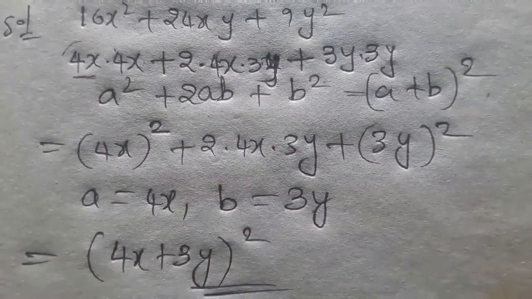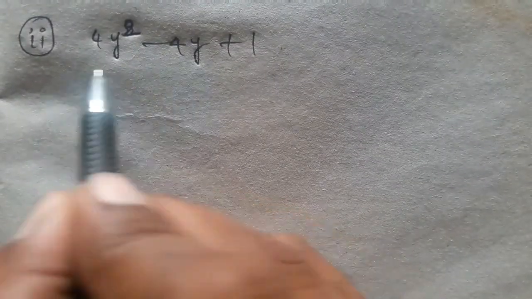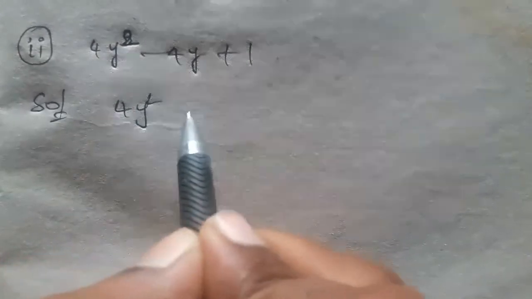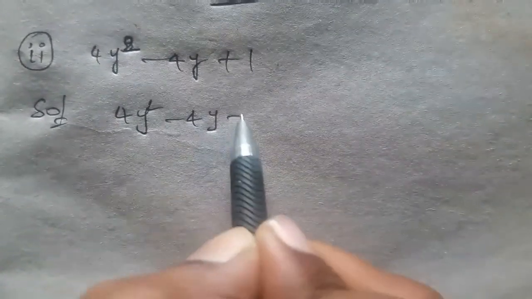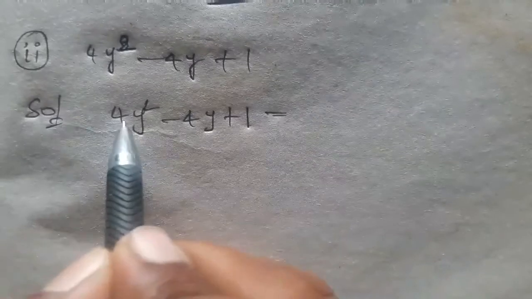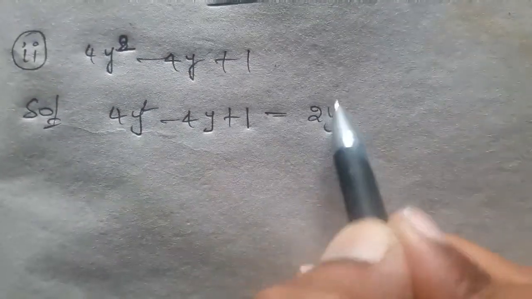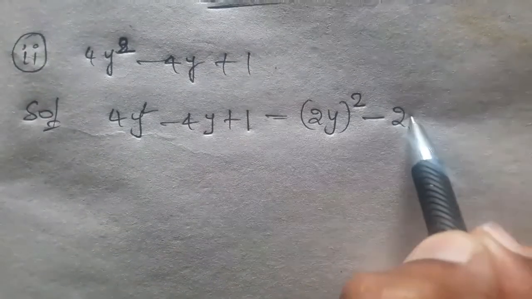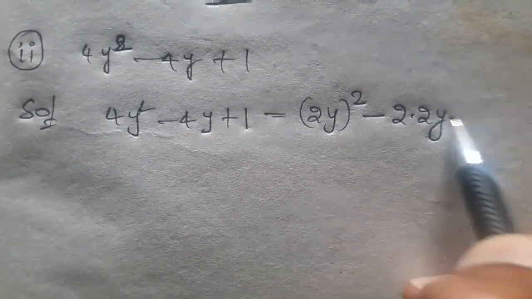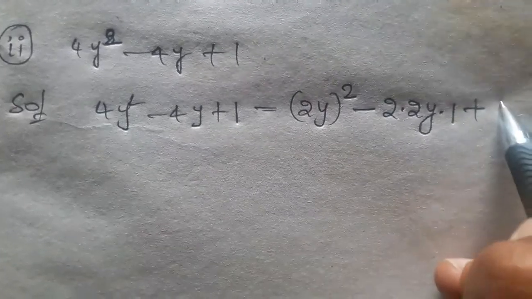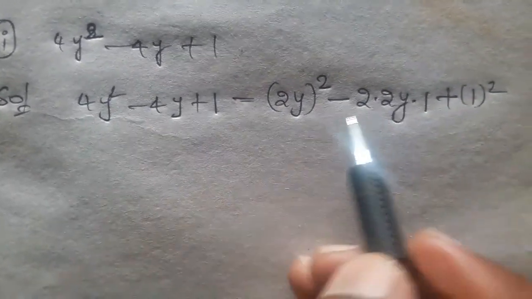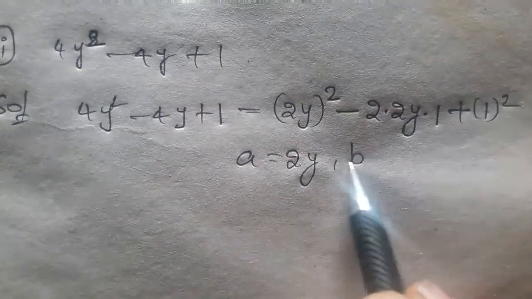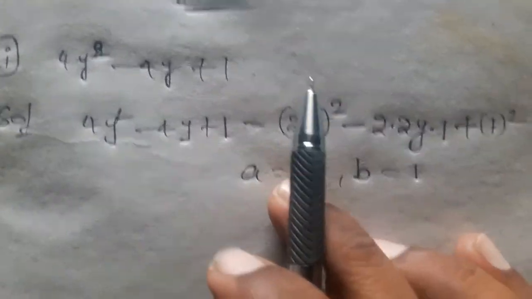Now move to next question. Here second one is given like this. Solution. What is given? 4y square minus 4y plus 1, that equals to, this can be written 2y whole square minus 2 into 2y into 1 plus 1 whole square. Means here a is what? 2y, and b is what? 1, isn't it?